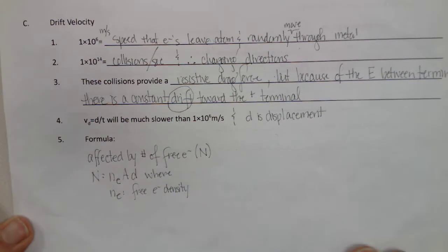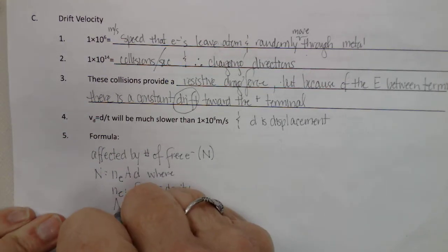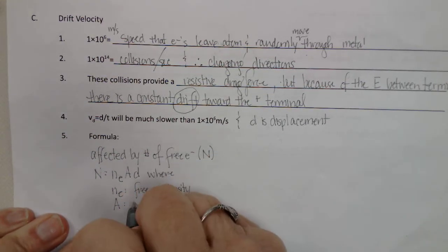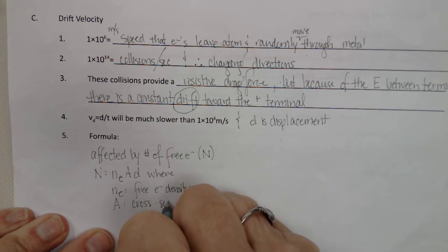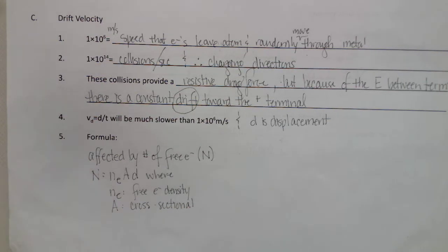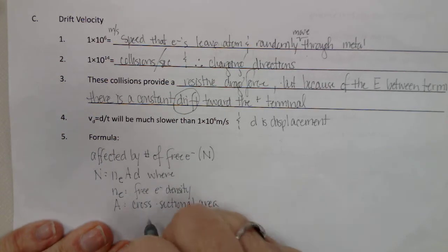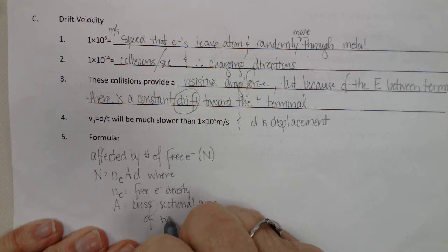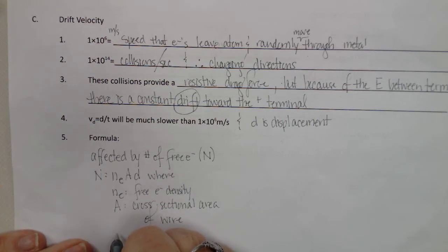Free electron density. And A is the cross-sectional area of the wire. Wires are typically round, so you're going to find the cross-sectional area of a circle. And D is the length of the wire.